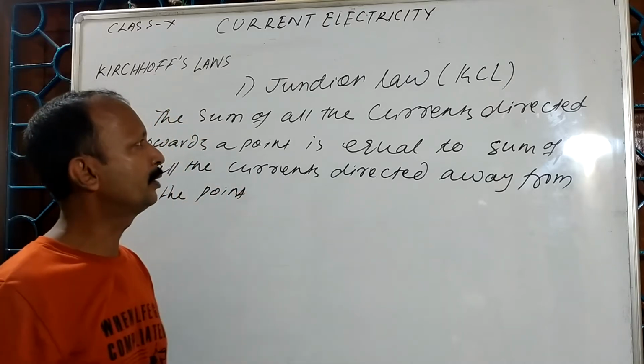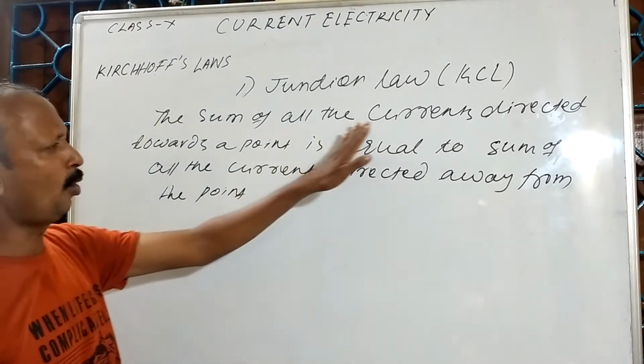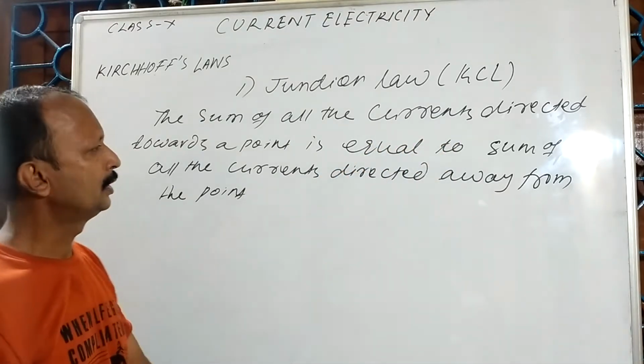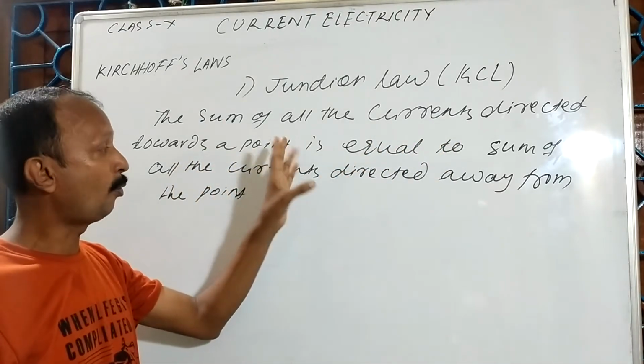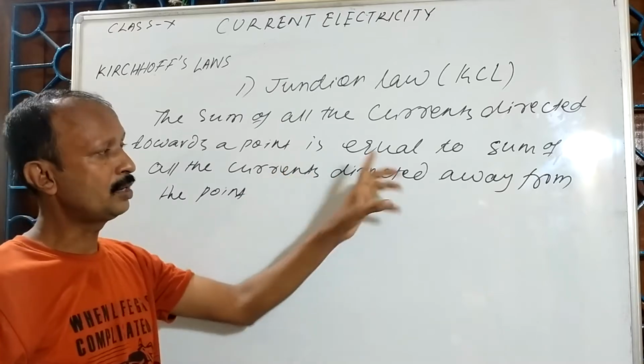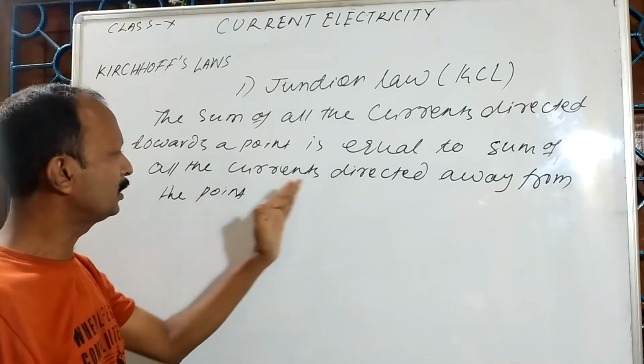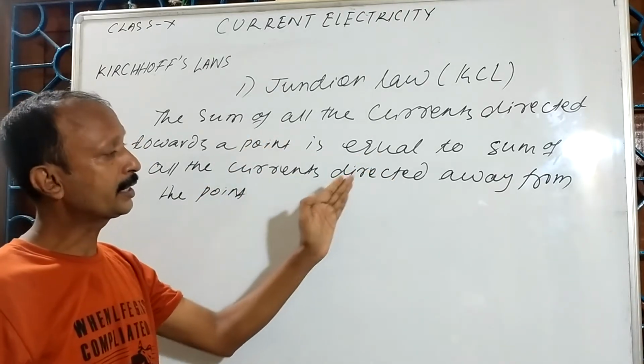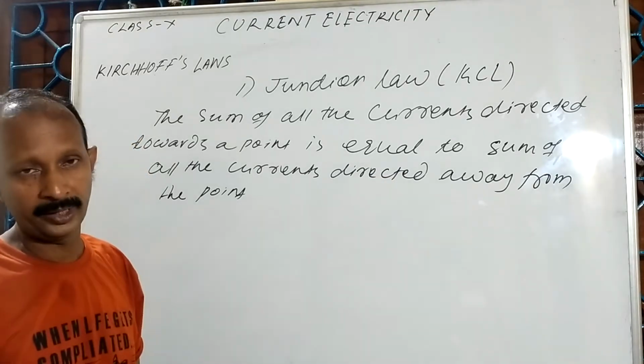I have written here the sum of all the currents directed towards a point is equal to the sum of all the currents directed away from the point.